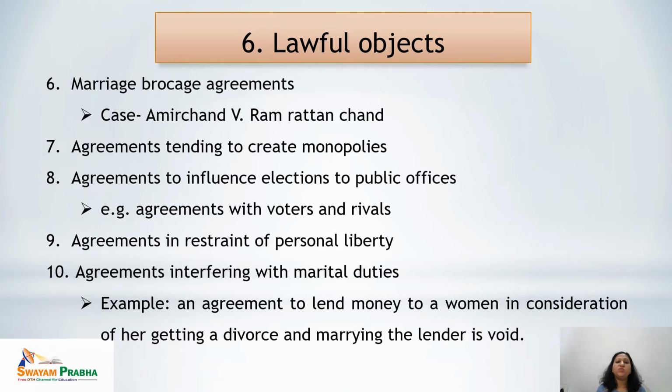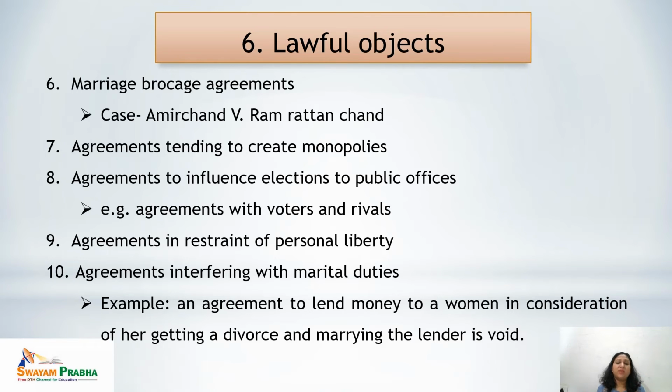Next point is marriage brokerage agreements. Any agreement which is counted as a marriage brokerage agreement is opposed to public policy, and this can be well understood with the case of Amir Chand versus Ram Ratan Chand. The facts of the case are that Mr. A proposed the marriage of his widow niece with B, and he promised that he will pay gold, jewelry, land and all other properties.